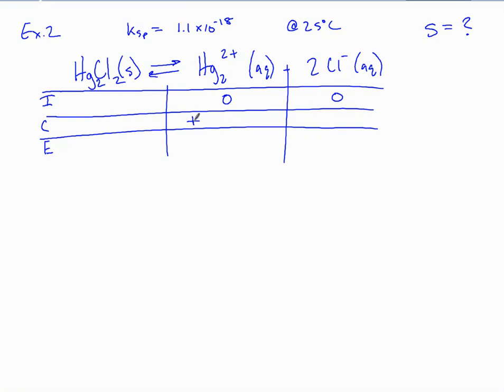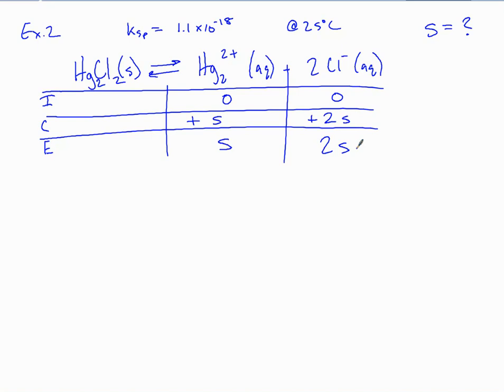It's going to increase by 1 times S. S, the solubility, or the molar solubility. Every time we dissolve that, we're going to get plus 2S for the chloride. And so my equilibrium concentrations are S for the mercury and 2S for the chloride.